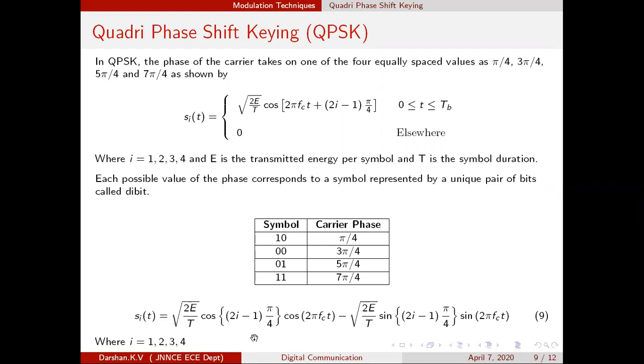So Si of t could be expressed as a linear combination of basis functions. Linear combination means it should be expressed as term 1 plus term 2 plus term 3, and so on. To aid that type of representation, I am taking the Si of t signal in this particular format. Okay, so let me move further.